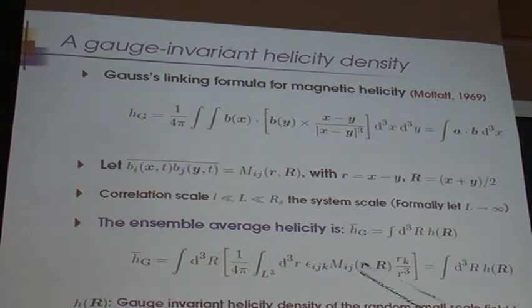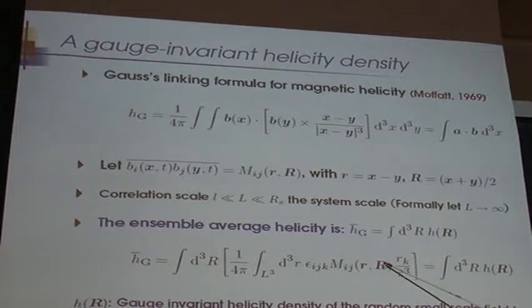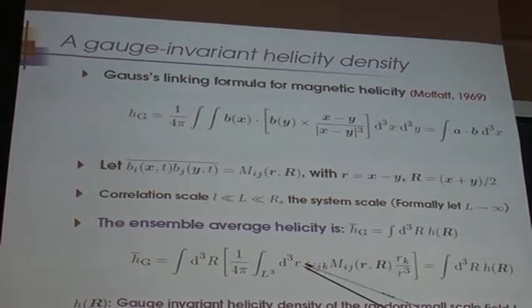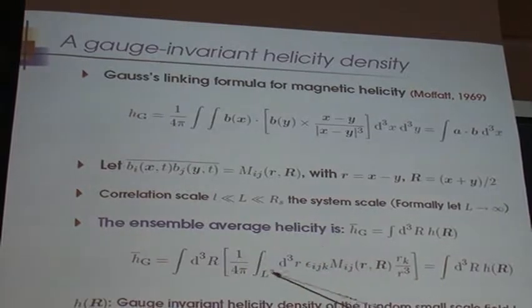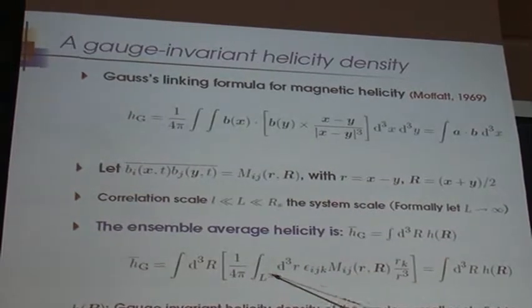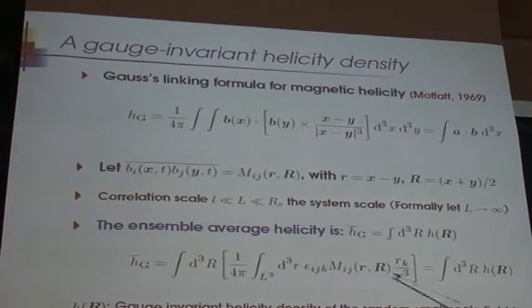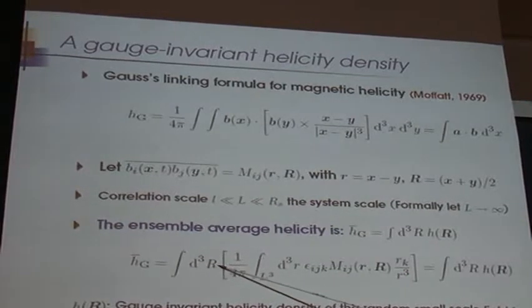And because this integral makes negligible contribution for small r, magnitude of small r greater than something like L, if you have an intermediate scale, I can formally let this capital L tend to infinity and get exactly the same answer, and I still have this integral over capital R to do.